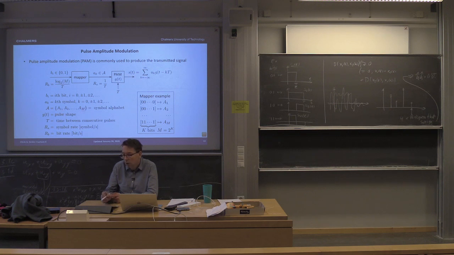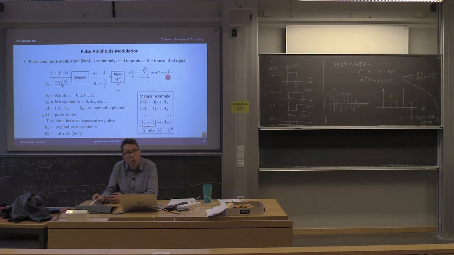Okay. Now, the next step is to take that amplitude and multiply it with a pulse, G, to form the output signal. So we see in an example here that the output signal, S of t, is a sum of pulses. And the pulses are that we take the kth symbol and we multiply that with the pulse G, and we delay it with k times capital T seconds.